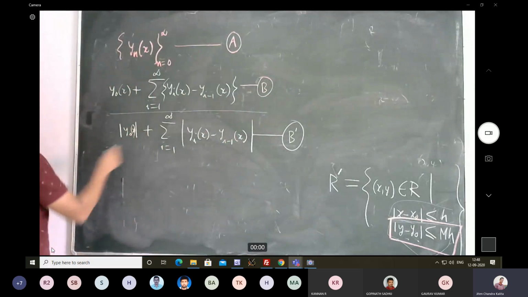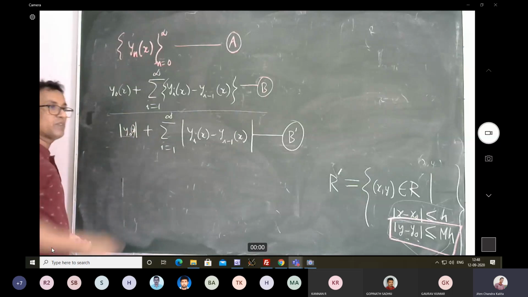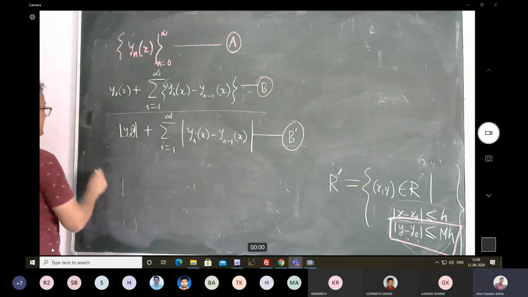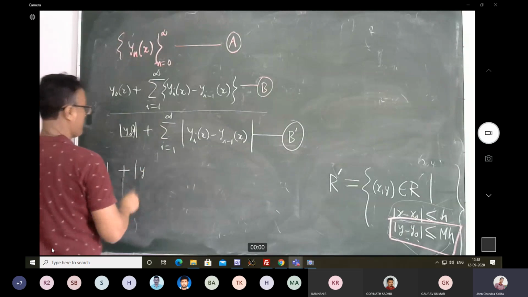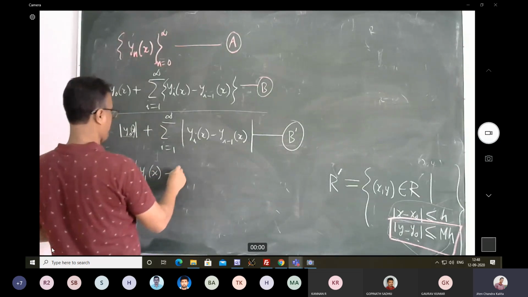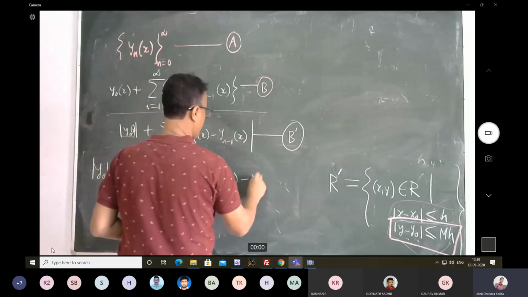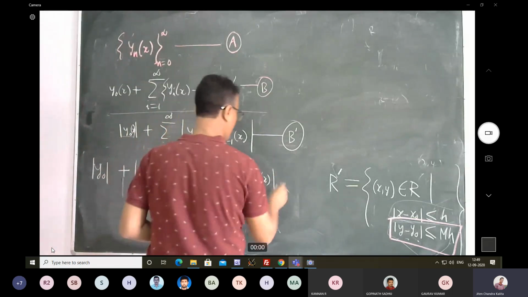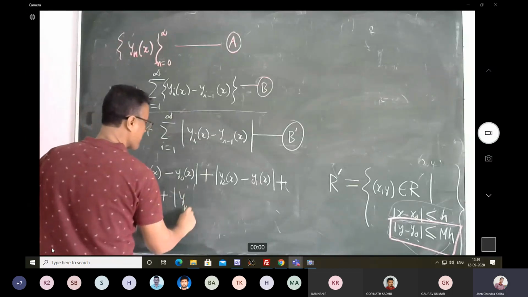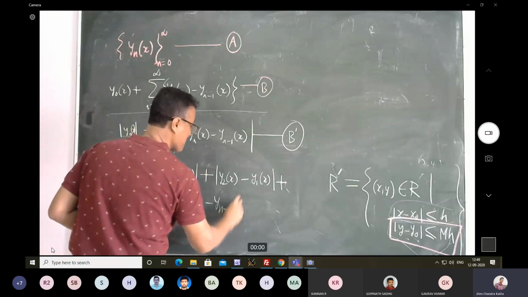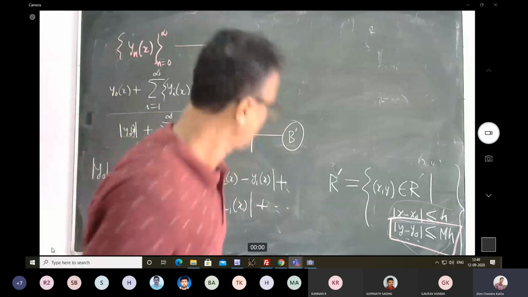Since y naught x is nothing but y naught, because I have chosen my function y naught x to be a constant function, basically what I have to prove is that this series is convergent.